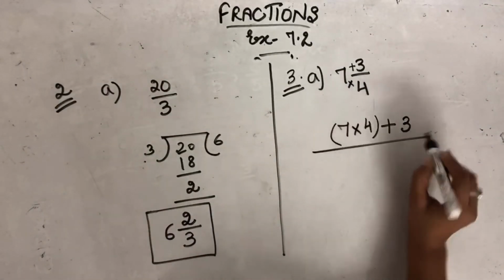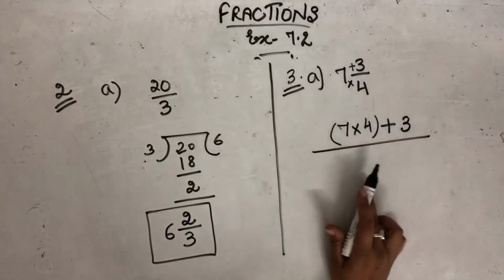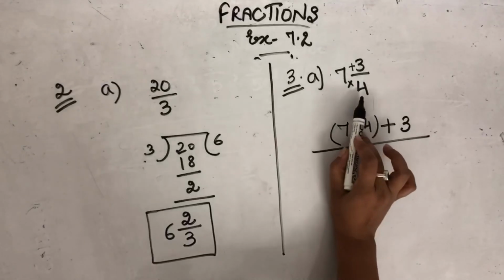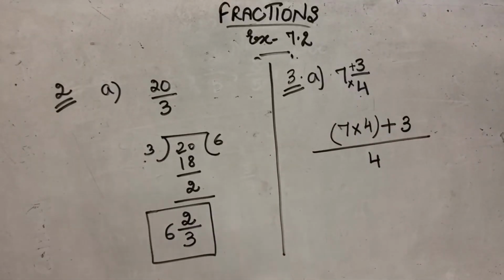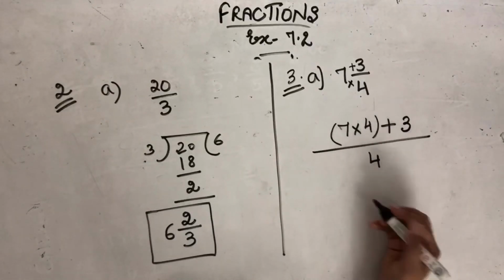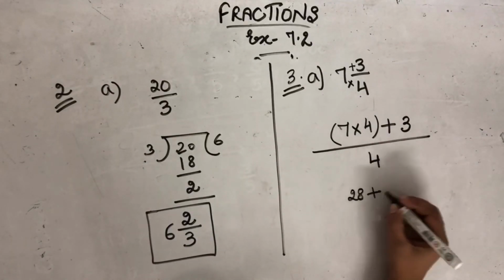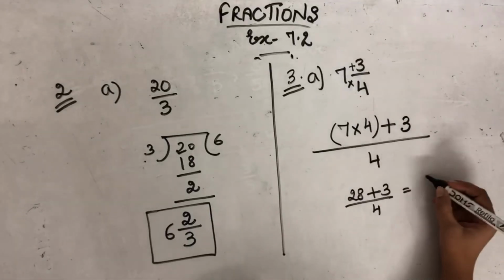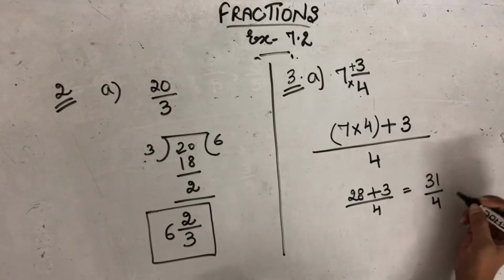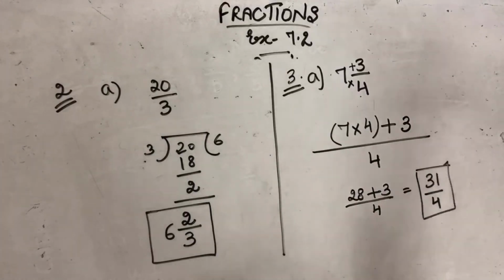So this will be the numerator part, and in the denominator you will write the same denominator that is given in the question, that is 4. Now you'll solve this. 7 into 4 is 28 plus 3 by 4. 28 plus 3 is 31 by 4. So this is the answer.